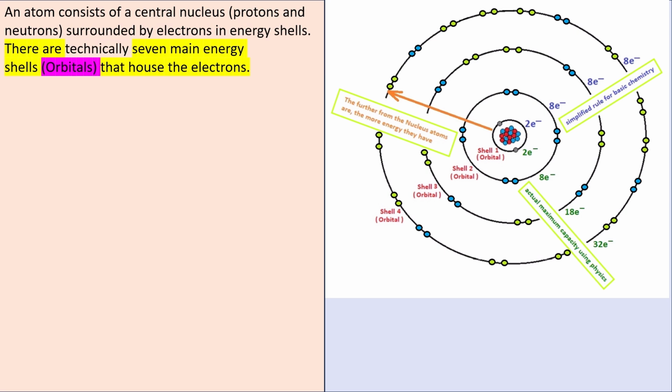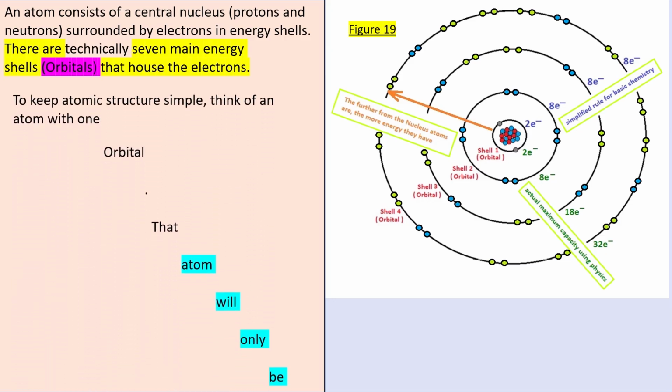Those are the shells we are talking about. But if you look at the top right, you can see in blue, simplified rule for basic electricity. That is where they teach about the 2, 8, 8, 8 theory. But the actual more advanced is the green one at the bottom right, which is the 2, 8, 18, and 32, the green ones. That is the more advanced type of teaching. So the 2 teachings are correct.